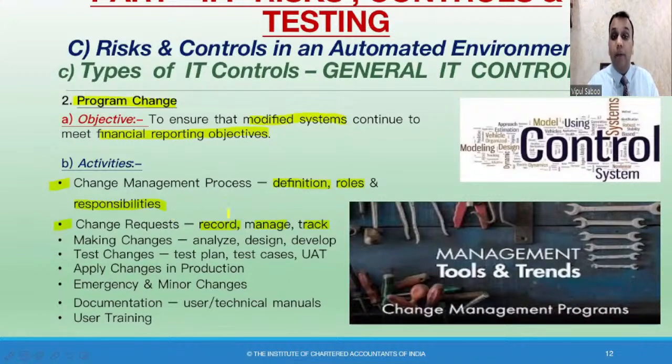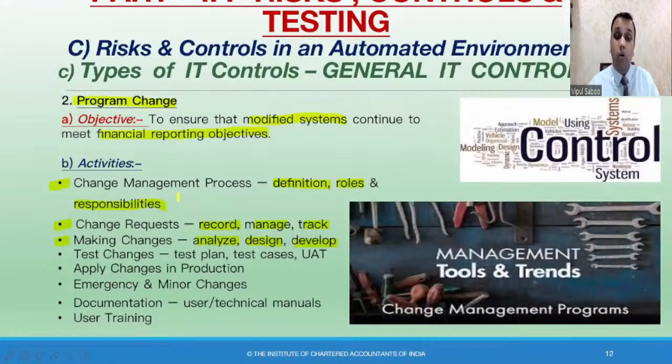You record, manage, and track such requests. Change. So while making changes to your software, your data, or your system, you analyze such change, design a proper change, and develop such change, embed such change into the system.